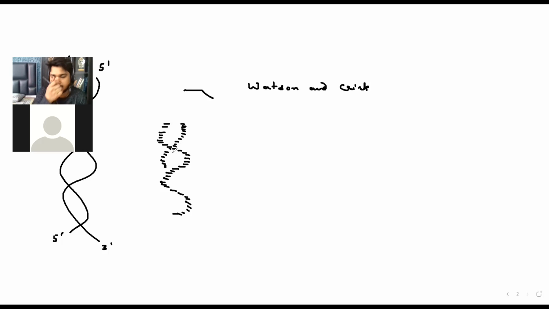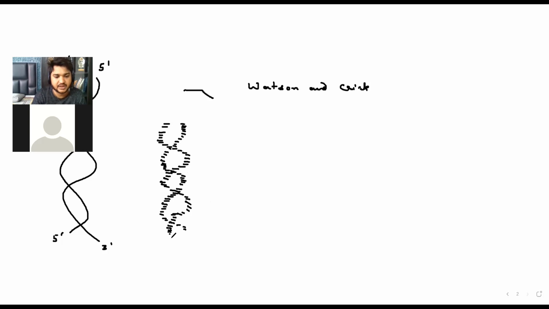Of course, they had the microscope. So X-ray diffraction looks something like this. It is representing whether your DNA is a single helix or a double helix. Double, of course. So by looking at this, this is how DNA looks.